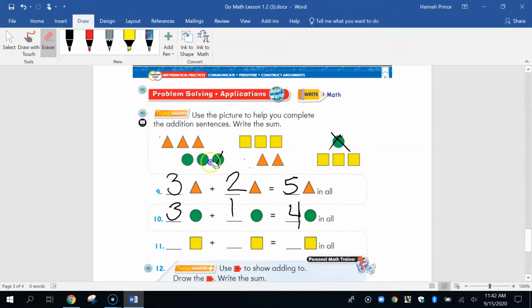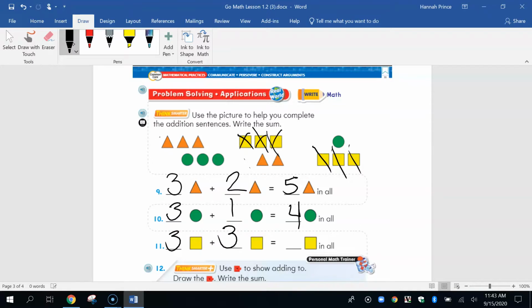We have some squares. Start out with the squares on the top. 1, 2, 3. Plus more squares. 1, 2, 3. How many altogether? 1, 2, 3, 4, 5, 6. 6 in all.